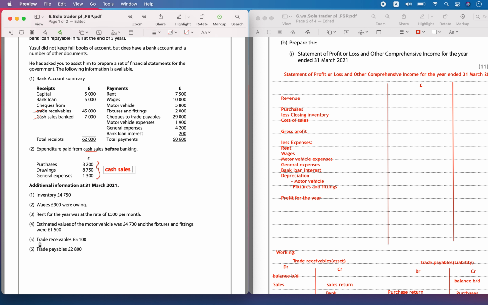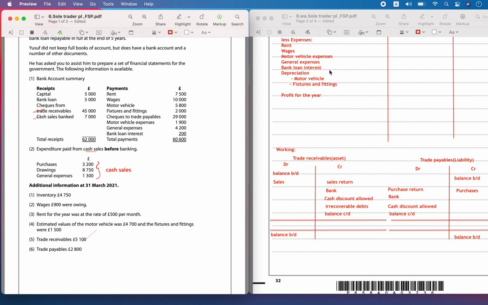They have given trade receivables were at 5,100. At the end of the year it was still at 5,100. Now, from the trade receivables we can understand how much credit sales has happened.